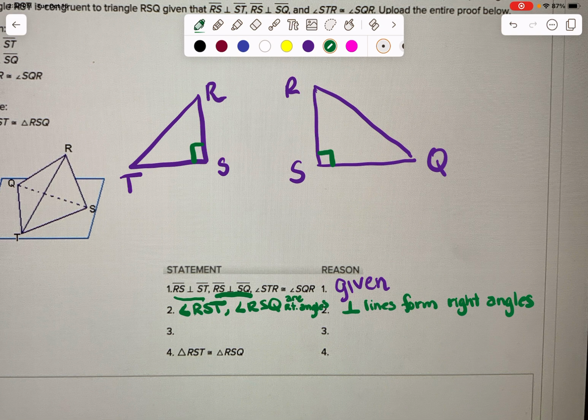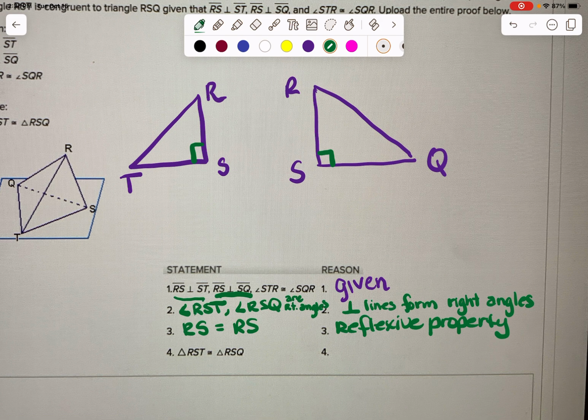So we know that RS is equal to RS. And because they are shared, it is the reflexive property. So we have that part.